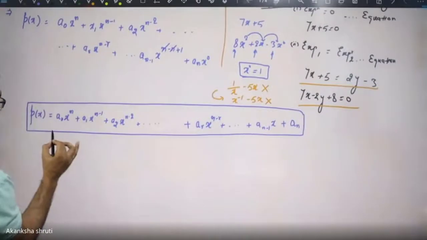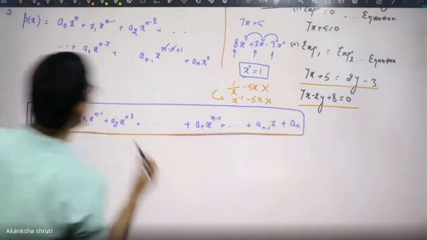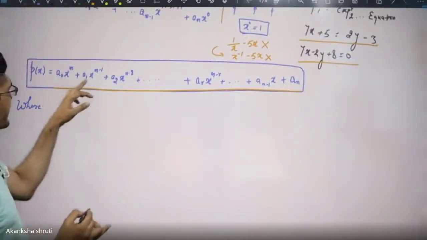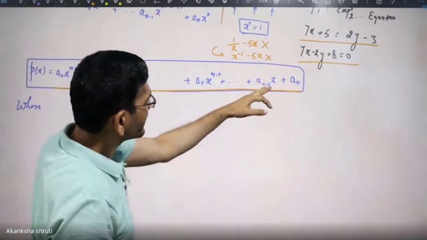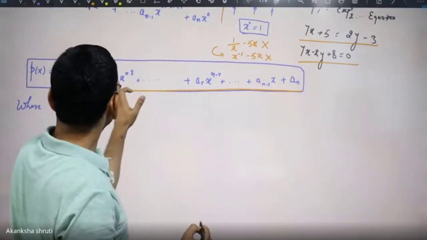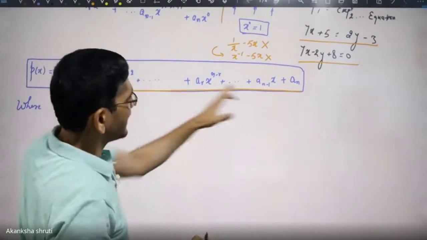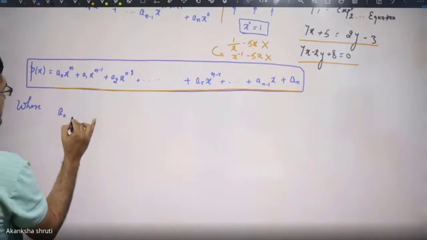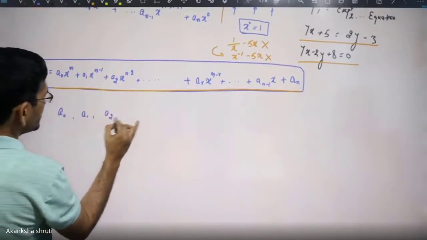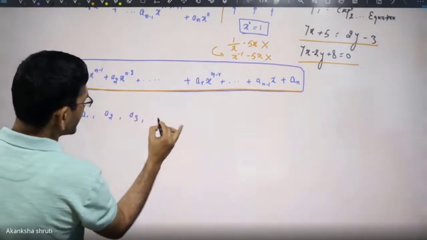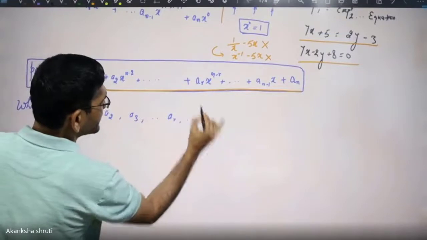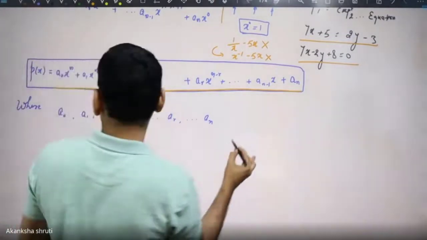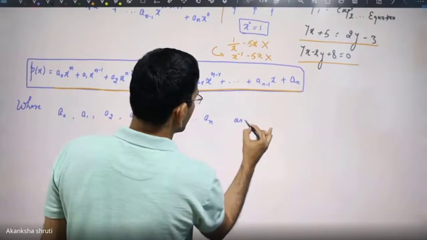This is the form, where this a0, a1, a2, ar, an minus 1, whatever this multiple of x or coefficients and constant term we are taking, it must be real, where a0, a1, a2, a3, even we are denoting ar, all of these, even an minus 1 or an, whatever this constant we are denoting, are real numbers.